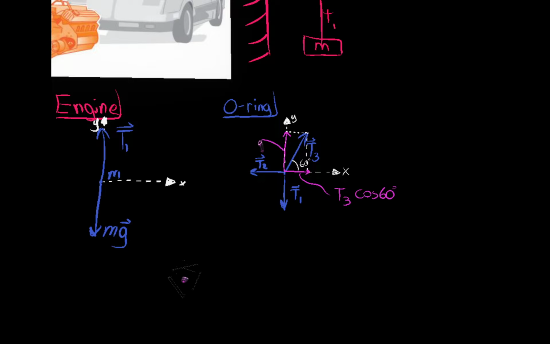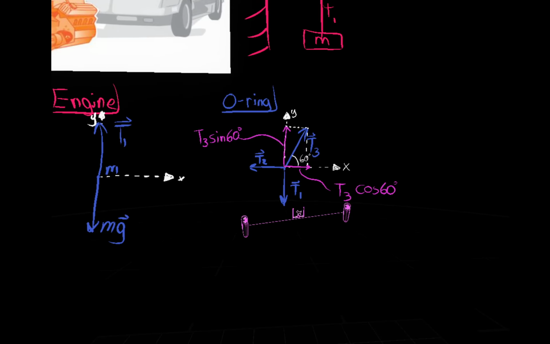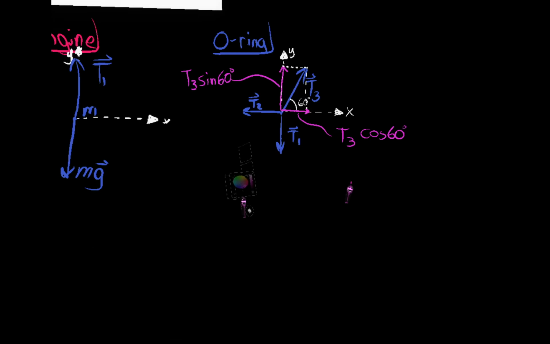And so then this one is T3 sine of 60 degrees, because this is the hypotenuse, and this is directly across from the angle, so we're talking about sine. It'll come faster and faster to you the more problems that you do. But definitely verify for yourself how I'm coming up with that. So there's our free body diagrams.